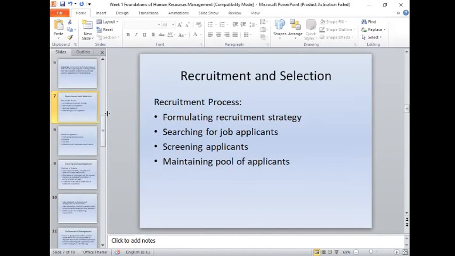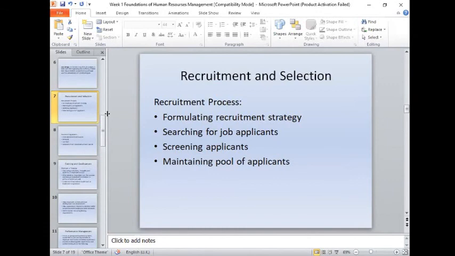If it needs additional manpower, or we need to replace a manpower who voluntarily or involuntarily left the company.